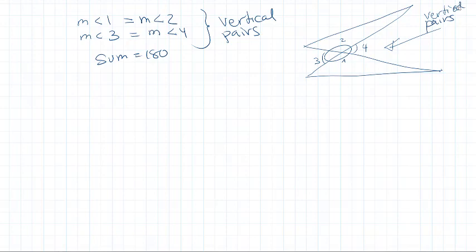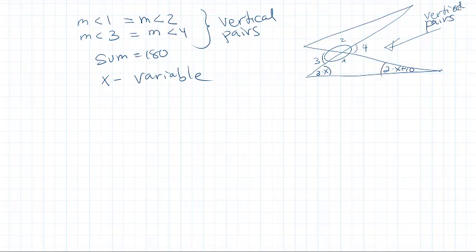We will give the measures in terms of a variable x. So again, x is our variable, measured in degrees. In this problem, this angle here is 3 times x. The other angle on the bottom here is 2 times x plus 10.